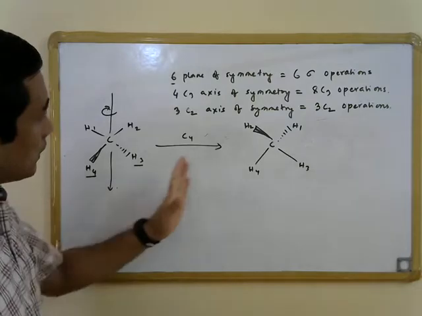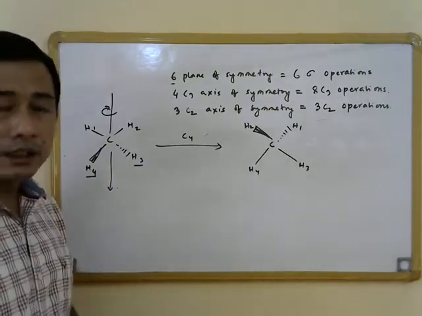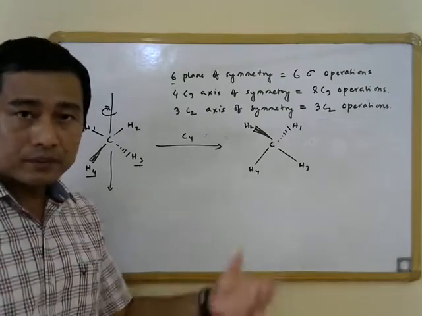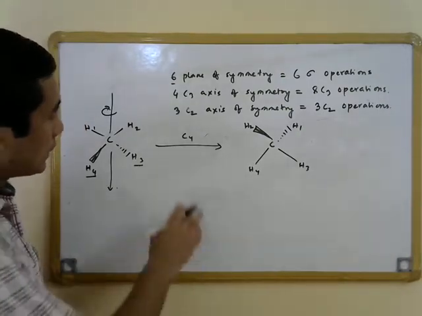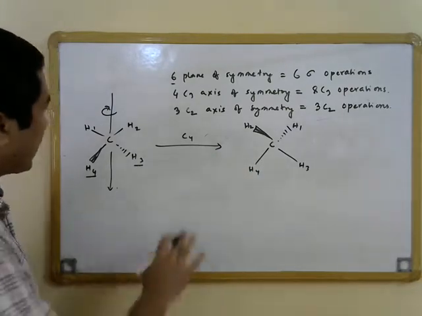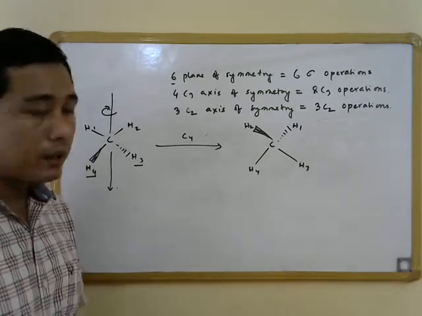So we reach a configuration which is distinguishable from the initial configuration. We can figure out that we have performed a movement of the molecule, and so this is not a symmetry operation, and we do not have a C4 axis of symmetry in the case of the tetrahedral molecule.